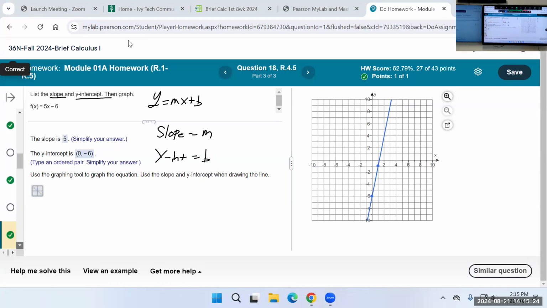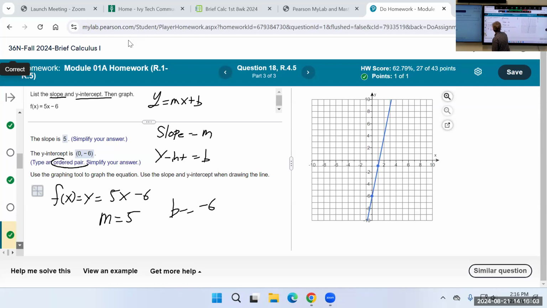They gave me f of x equals 5x minus 6. Now that's kind of the same thing as y equals mx plus b. In that case, the slope would be 5, and the y-intercept would be -6. B equals -6. In this problem, they want an ordered pair. It's an ordered pair. That means the point. Where is the point? Which means you have to do both coordinates, x and y.